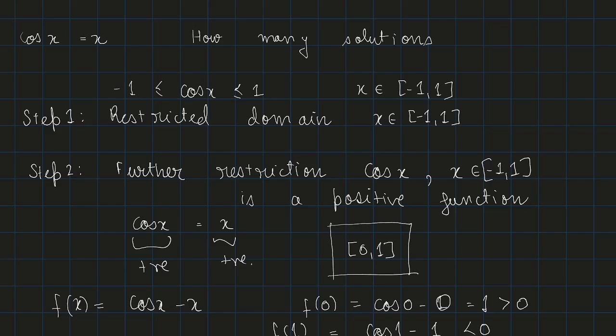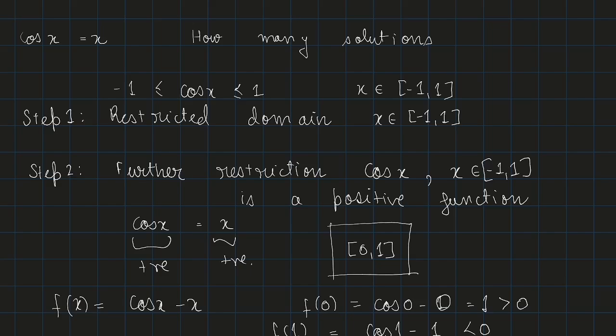In that case, you should be careful and directly go with that domain, okay? Don't skip over that part, okay? The second thing is that you must always pay attention to whether the function is increasing or decreasing, okay? That tells us how many times f of x is going to intersect the x-axis, okay?